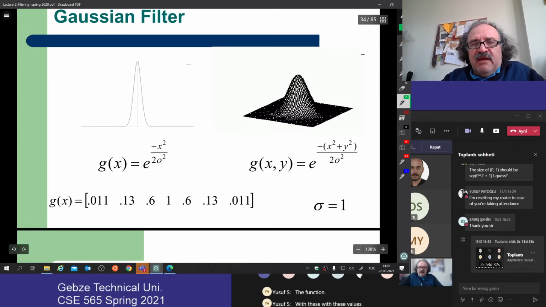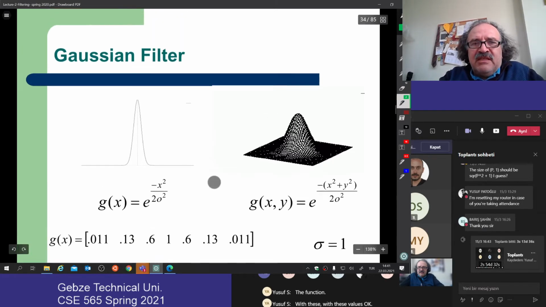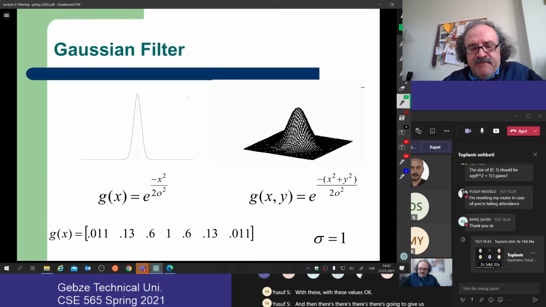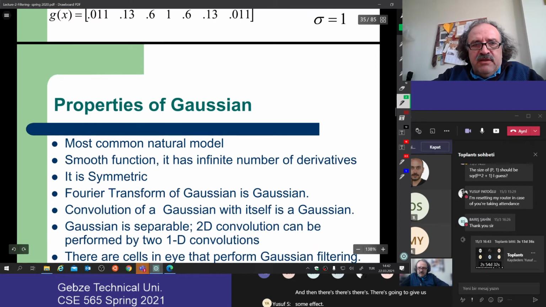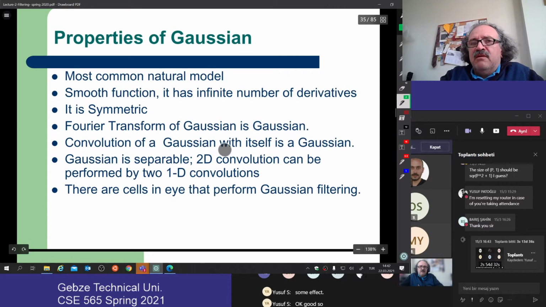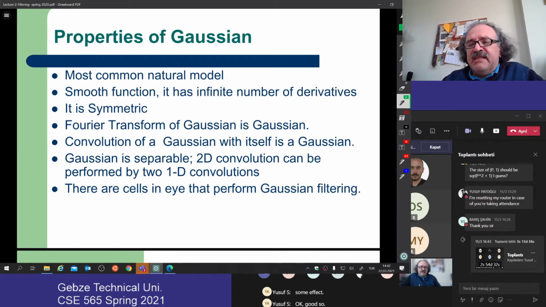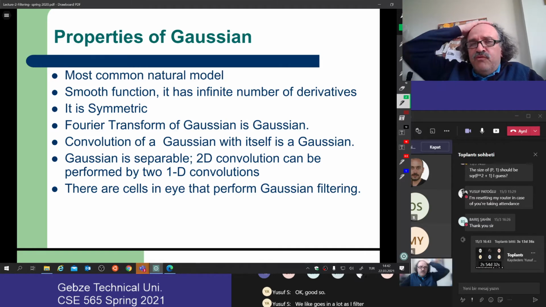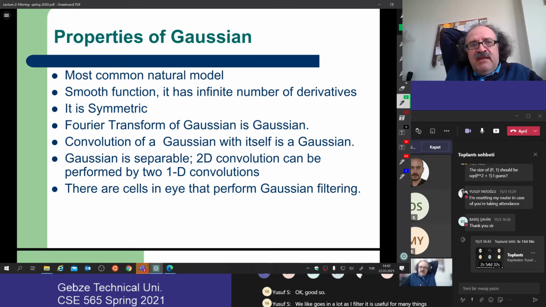Okay, and that's going to give us some effect. Good. So we like Gaussian a lot as a filter. It is useful for many things. We call it the most common natural model. It is good for many types of noise.